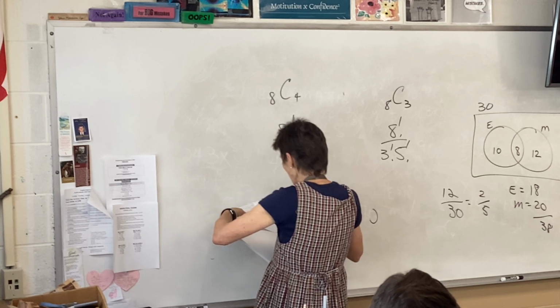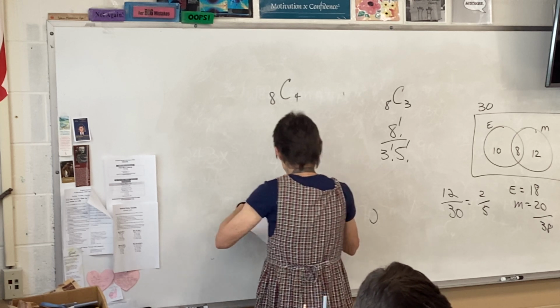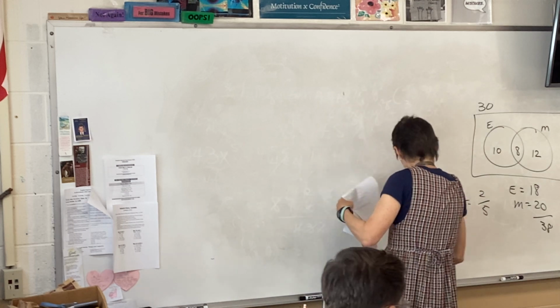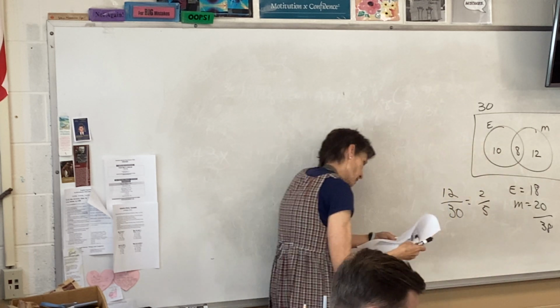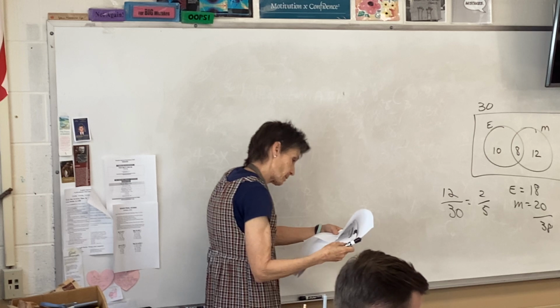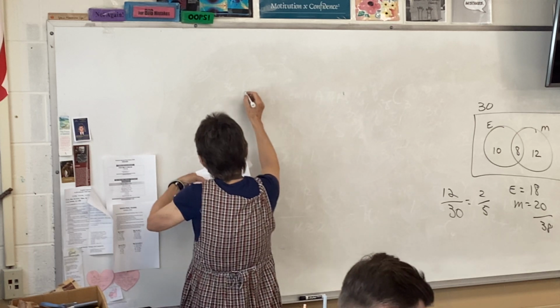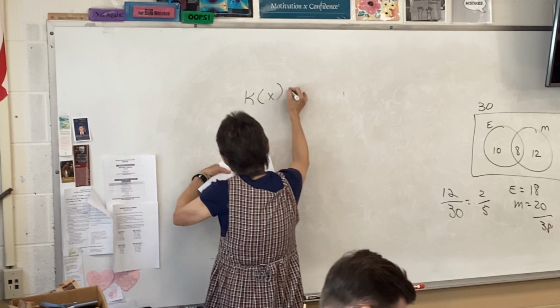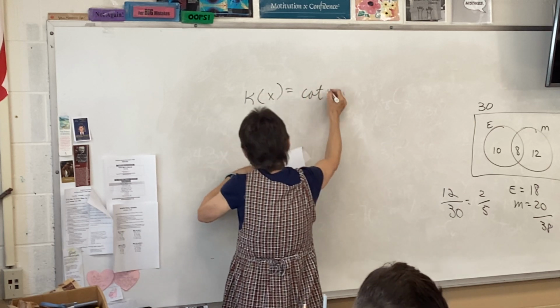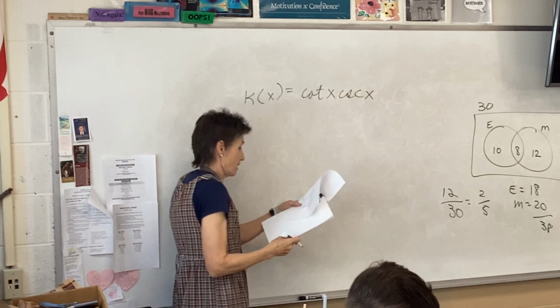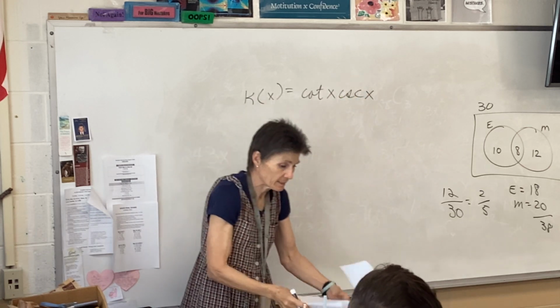Rewrite K as a fraction involving powers of cosine and nothing else. So K is cotangent, cosecant. And I need to get it down to cosine.